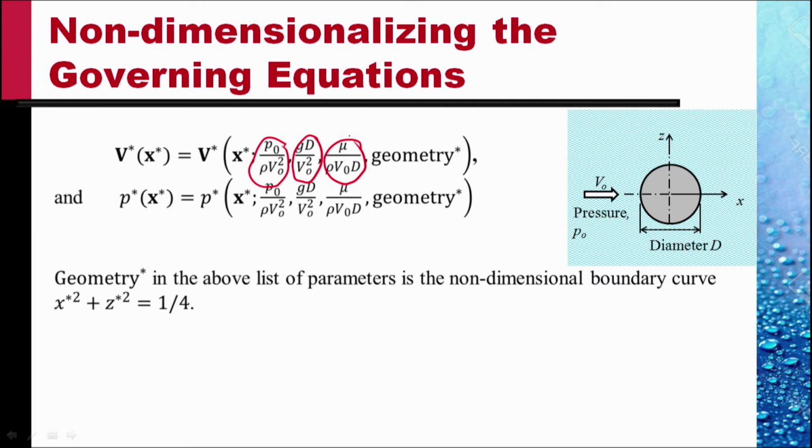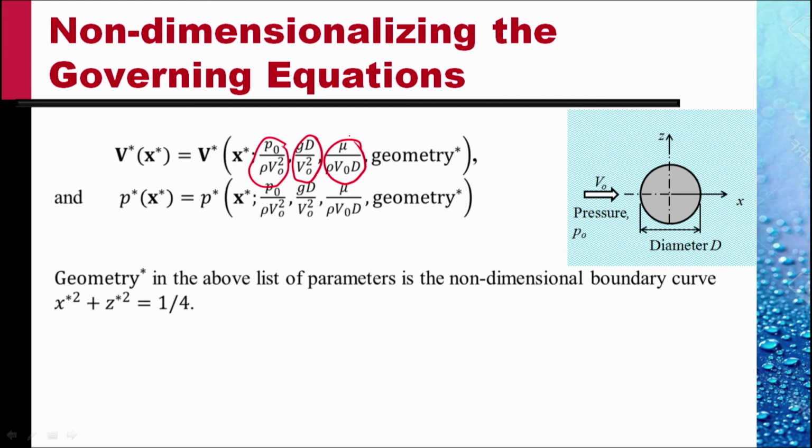So there were 6 uniquity parameters, six parameters whose values would change and would change the experiment. Now the value of P naught and V naught could change, but if they change in such a fashion that P naught by rho V naught square remains constant, and these 3 groups remain the same, then the 2 experiments are the same.